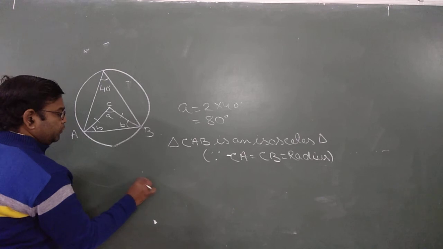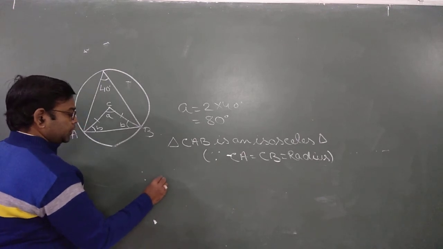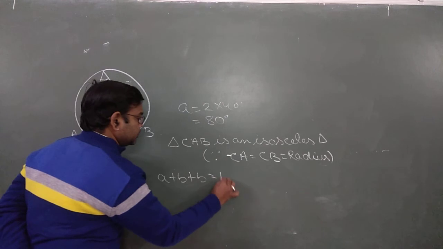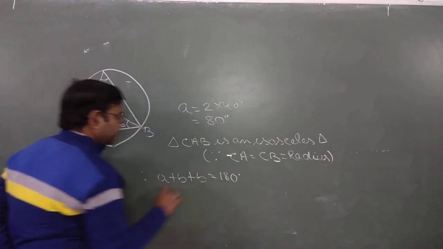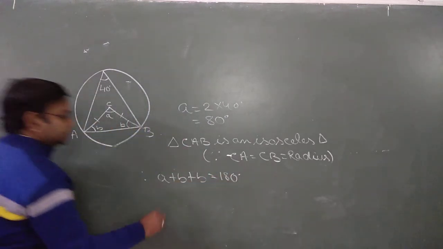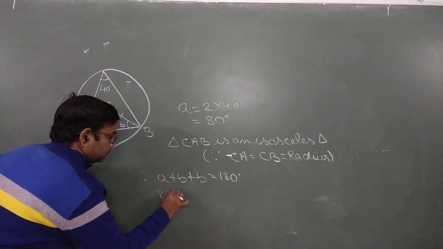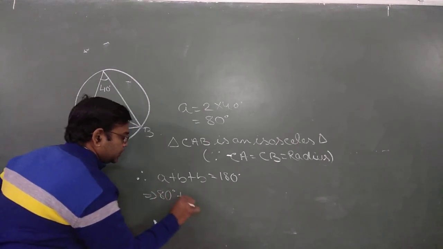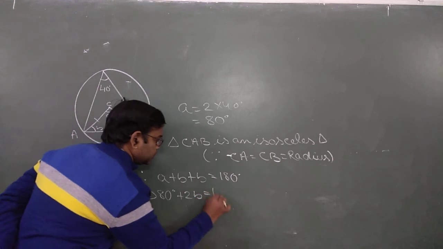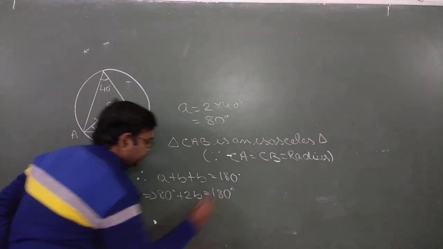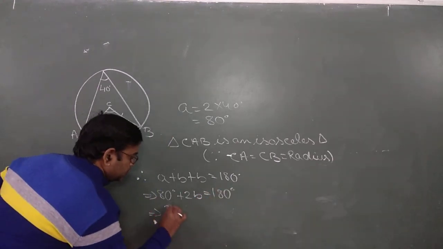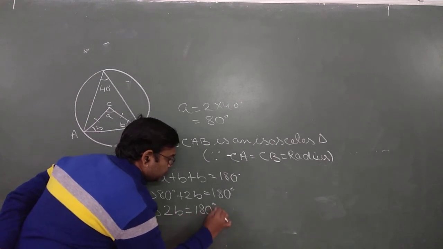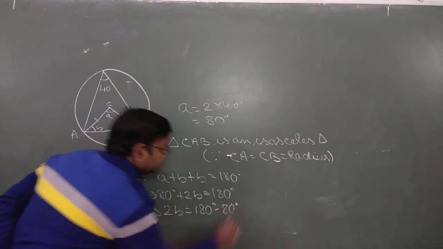So therefore we can write A plus 2B equals 180 degrees, and we know the value of A, it's 80 degrees. 80 plus 2B equals 180 degrees. 2B equals 180 minus 80 degrees.